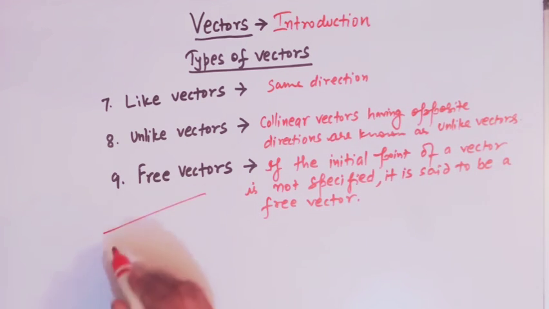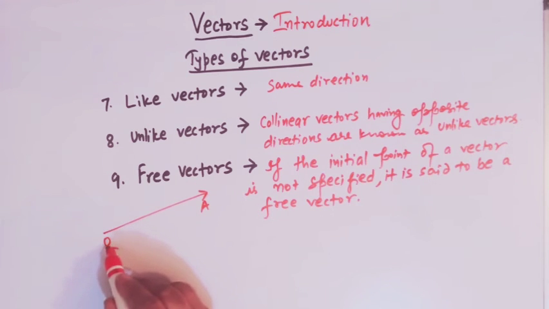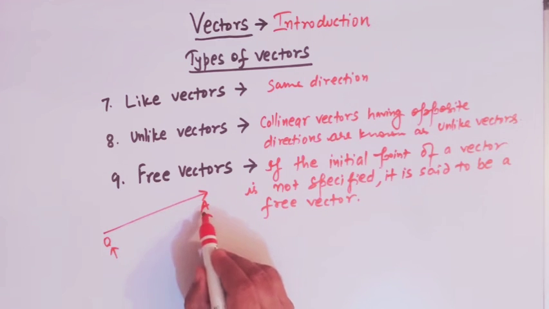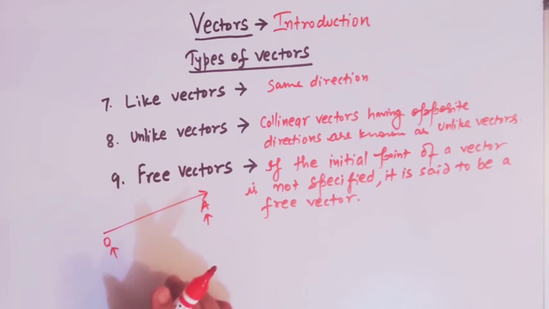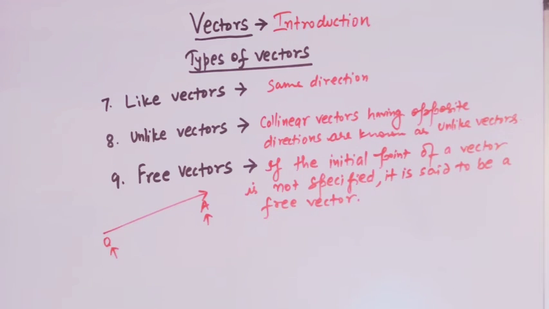For example, suppose this is O and this is point A, where the initial point is O and the terminal point is point A. If we know the initial point of a vector, then the vector is not a free vector. But if the initial point of a vector is not specified, it is said to be a free vector.